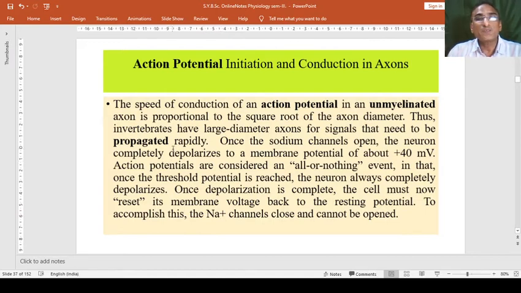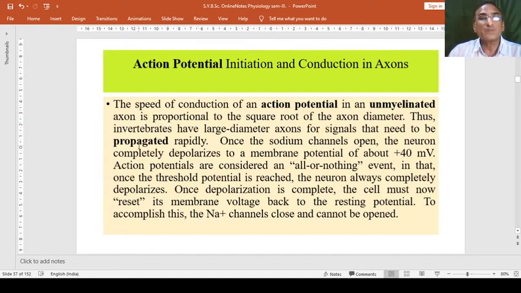The speed of conduction of an action potential in an unmyelinated axon is proportional to the square root of the axon diameter. Means axon diameter plays a key role in the conduction of the action potential.